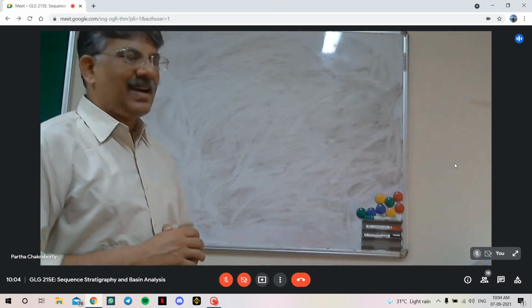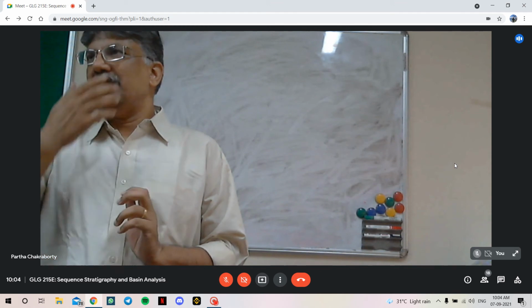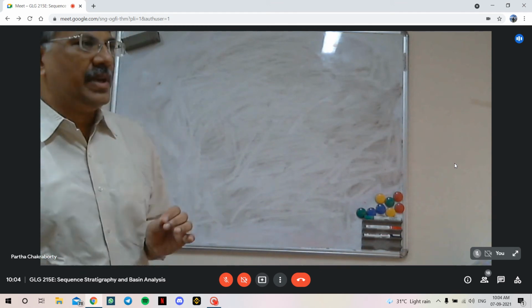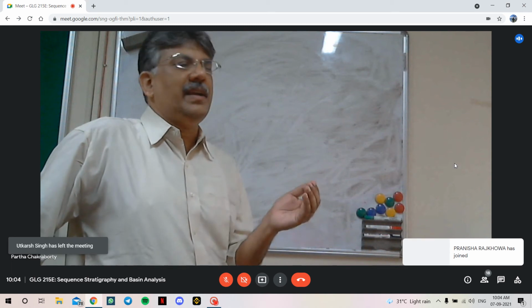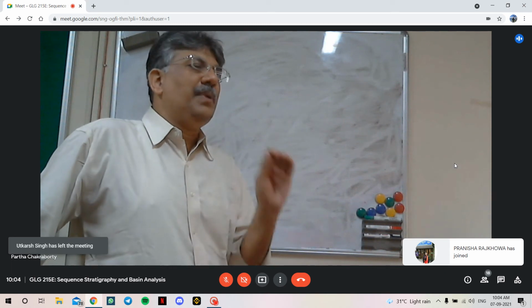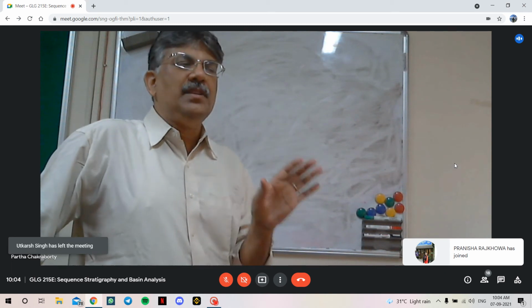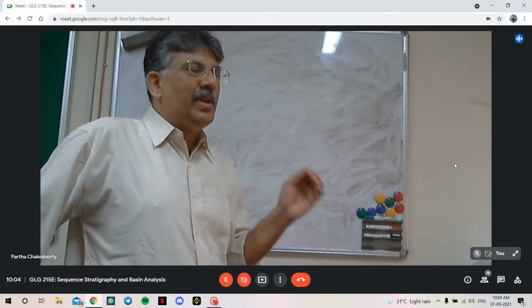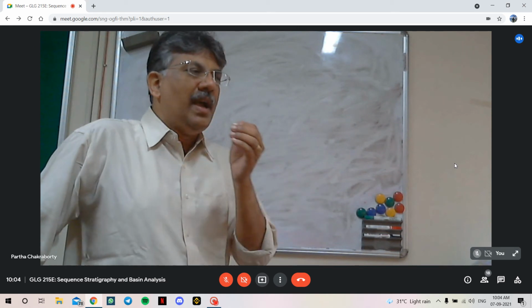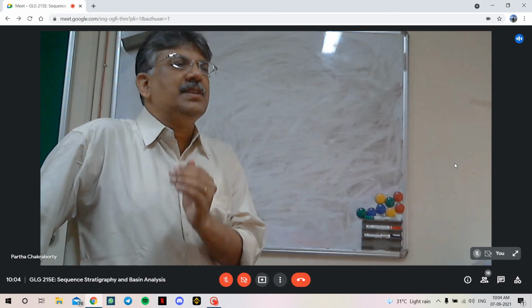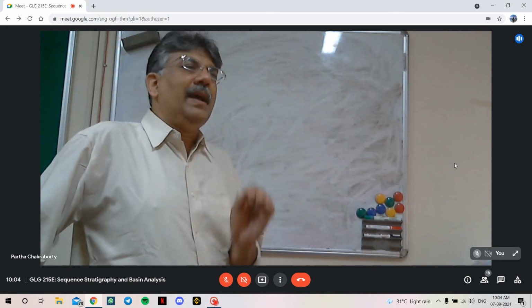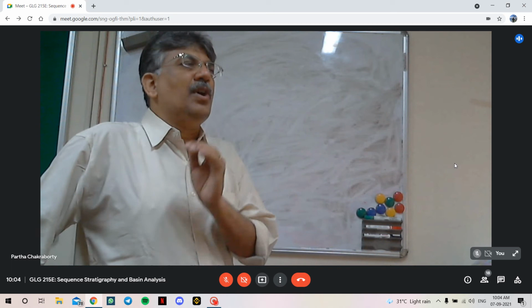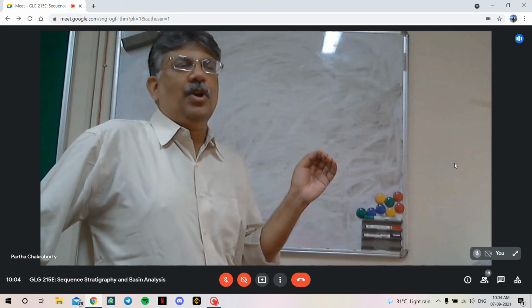So the last diagram that I had drawn is an attempt at showing how the system tracts are mutually interrelated to one another in the entire basin filling history. Suppose you start with the unconformity and then you get a lowstand system tract in the form of a submarine fan, which is overlying a correlative conformity of an unconformity.